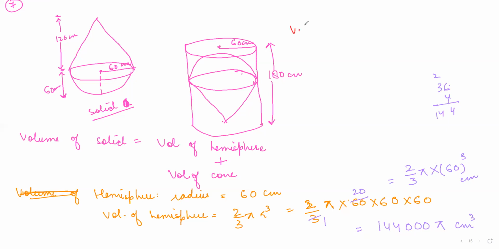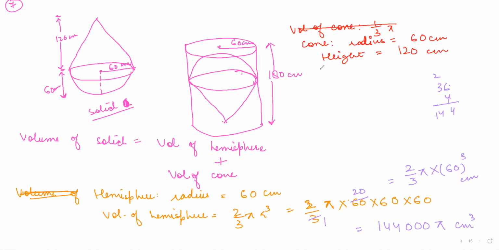Now come to volume of cone. What's the formula? 1 upon 3 pi r square h. Or better, mention first about cone. How much is radius? Again 60 centimeter, and height of cone is 120 centimeter, and then you find volume of cone, that is 1 upon 3 pi r square h, right?